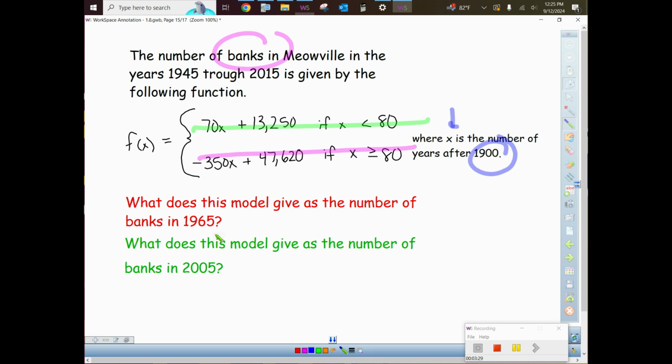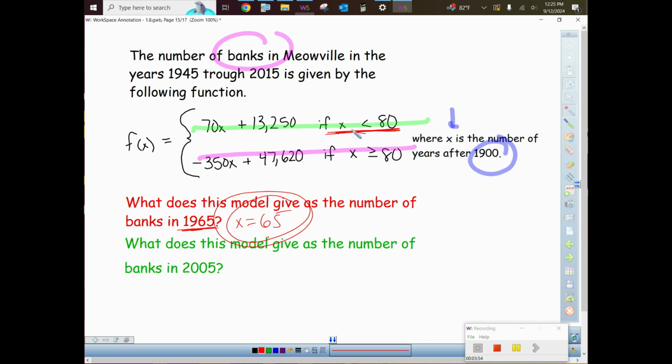What does this model give as the number of banks in 1965? Since x stands for years after 1900, x is going to be 65. Isn't 1965 65 years after 1900? Then I have to decide which piece this x value goes in. It's about the restricted domain. If x is 65, it fits into the green piece.